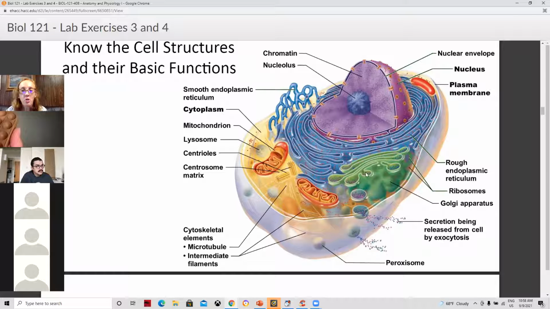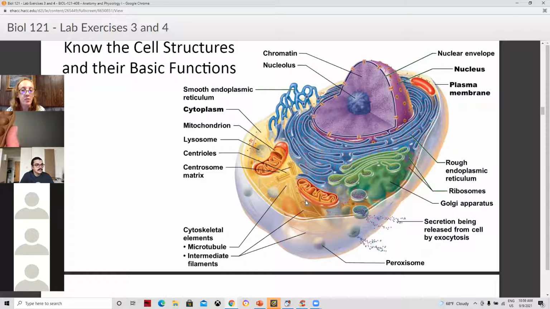We have a Golgi apparatus, which further processes proteins that are made in the rough endoplasmic reticulum and packages them for wherever they will be sent. Whether they're sent to be secreted outside of the cell, or whether they're made to be sent to one of the other organelles in the cell.